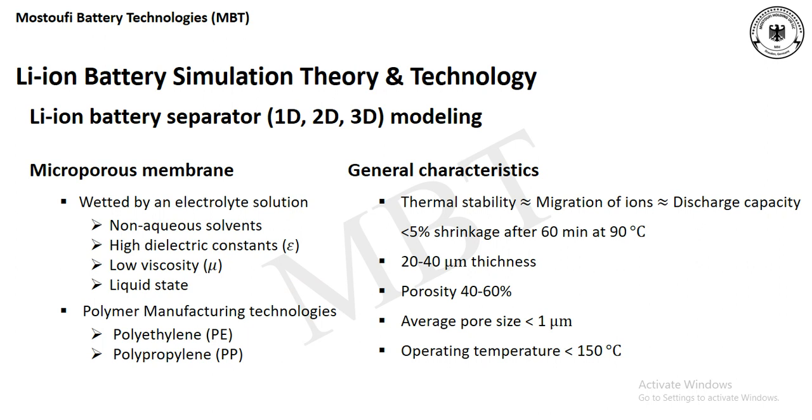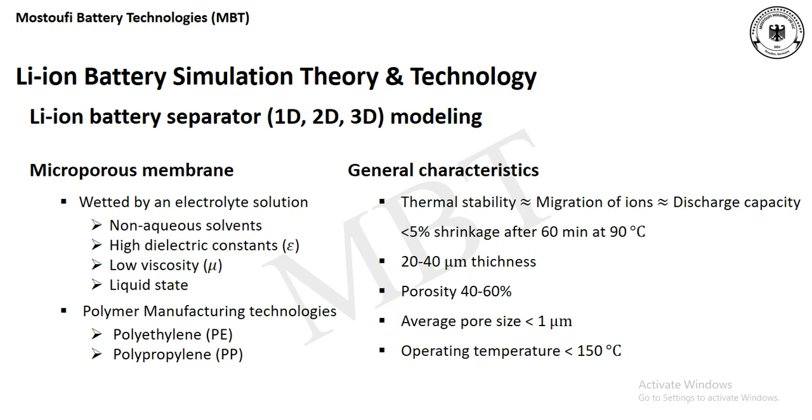There are also several polymer manufacturing technologies which are very common in, for example, cylindrical batteries, which are polyethylene with the abbreviation of PE and polypropylene or PP.